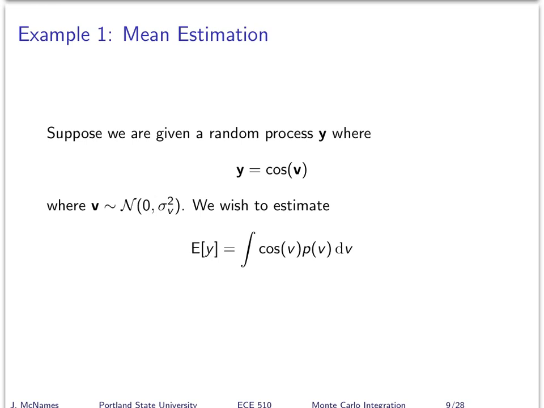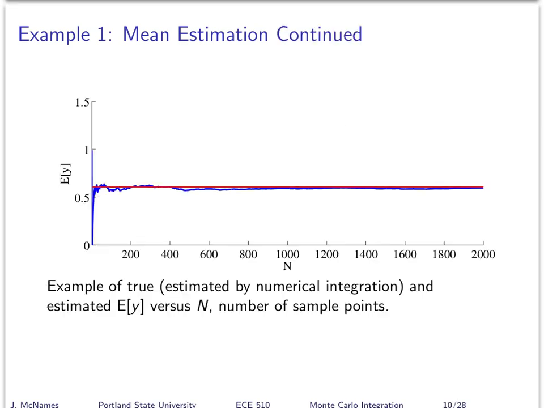This is a more specific case, because our integral is still just an integral, but it's already factored for us conveniently into some function and some PDF p of v. It just so happens in this case that the integral is already in the form that we like, and we want to evaluate that using this approach.